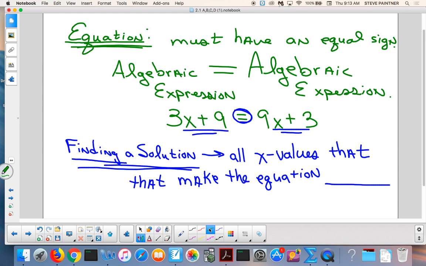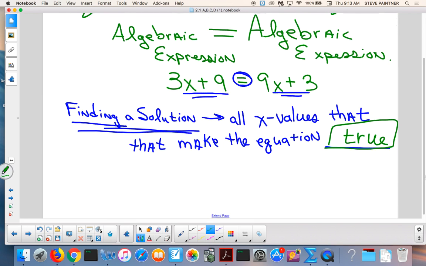Equal. Ooh, close. That's really close. Okay, finding a solution. All x values that make the equation true.